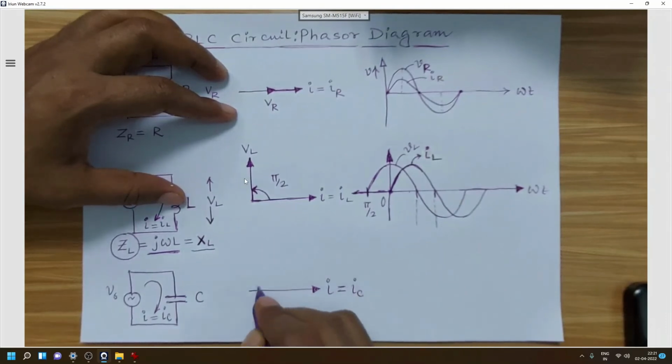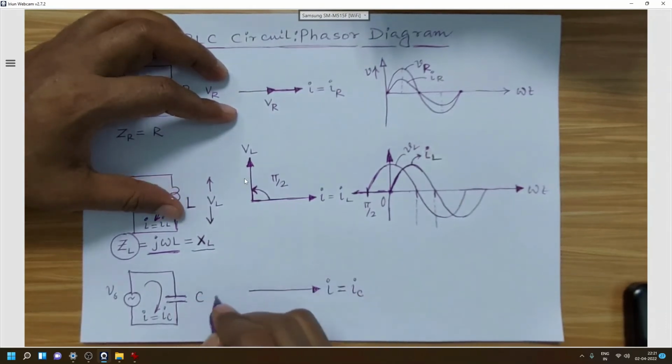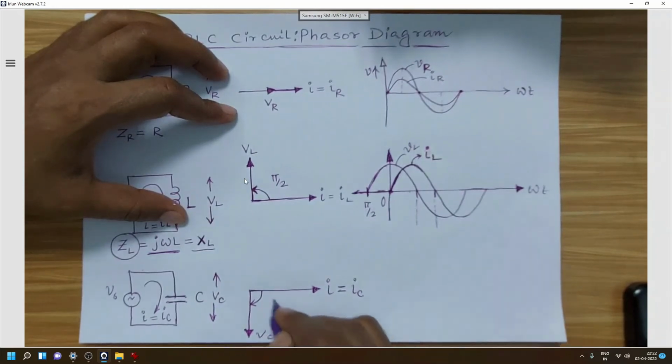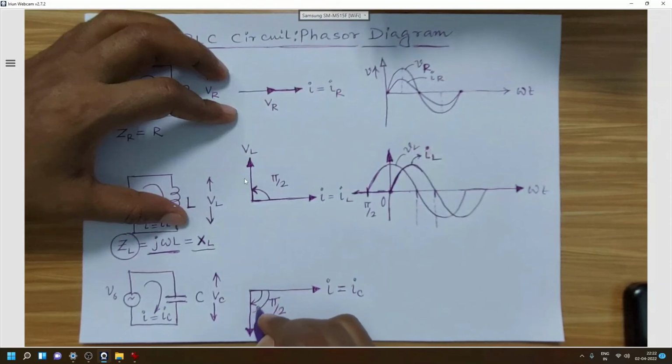We will draw the phasor of the voltage Vc across C, by the convention that the voltage dropped across the capacitor lags behind the current through the capacitor. So Vc will be lagging behind the IC by an angle pi by 2, and this lagging phasor will be drawn after rotating in the clockwise direction by convention.